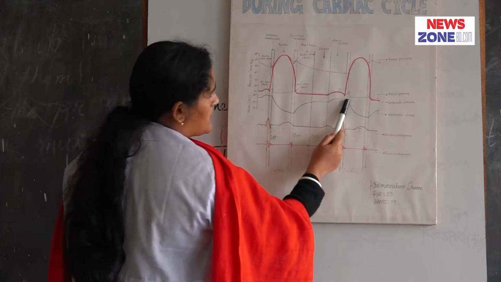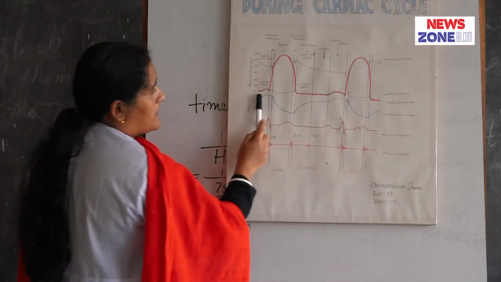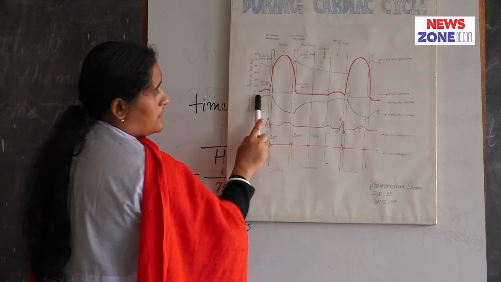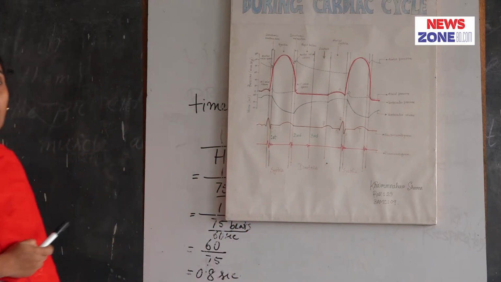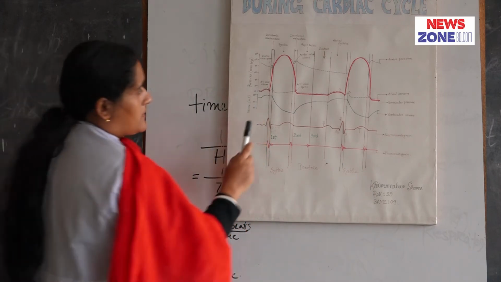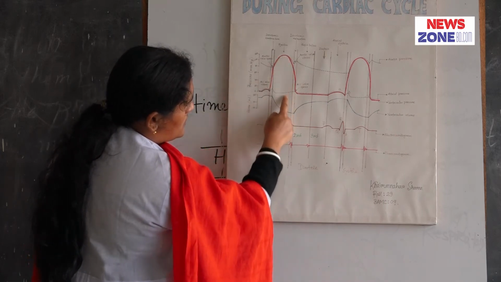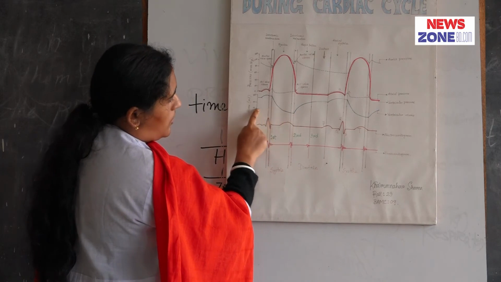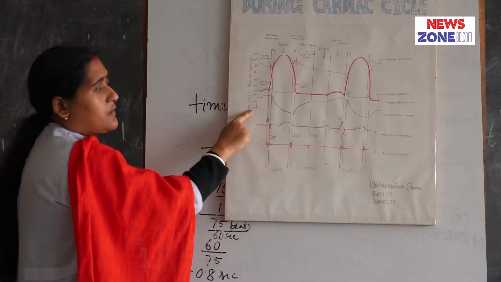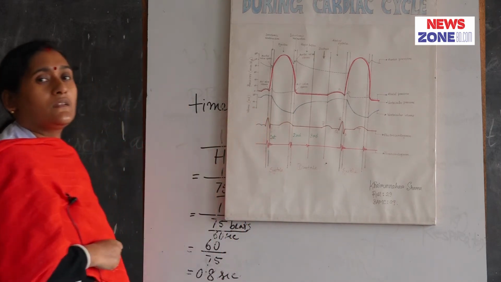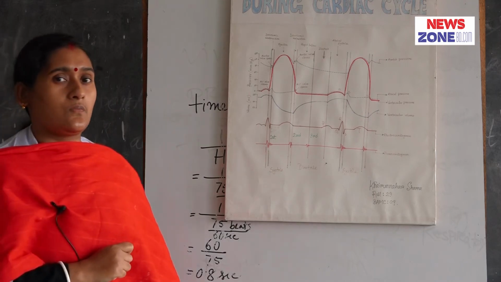This is the end diastolic volume. And here is the end of the systole. At the end of systole, the volume of blood remaining in the ventricle is 50 ml. This is the end systolic volume.